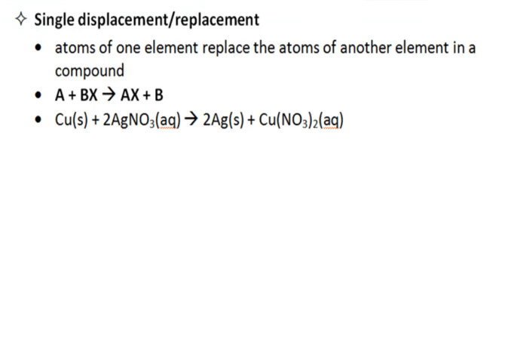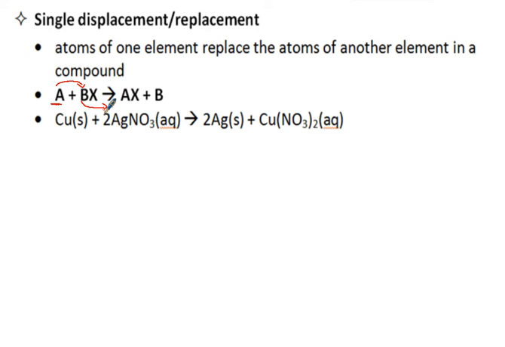Single displacement reaction. Single displacement reaction is when the atoms of one element replace the atoms of another element in the compound. Or quickly, if I've got my general terms, A plus BX yields AX plus B, you can see how the A displaced the B and the B got kicked out. In this case, you have a cation displacement.